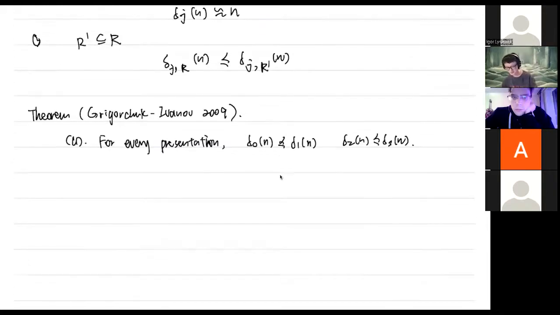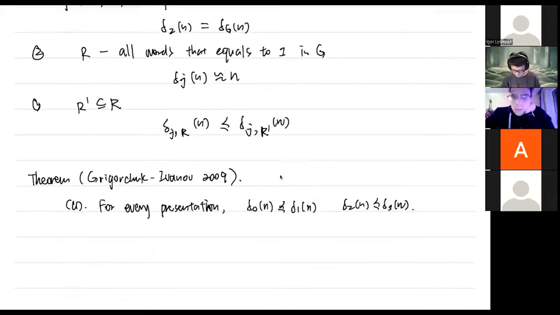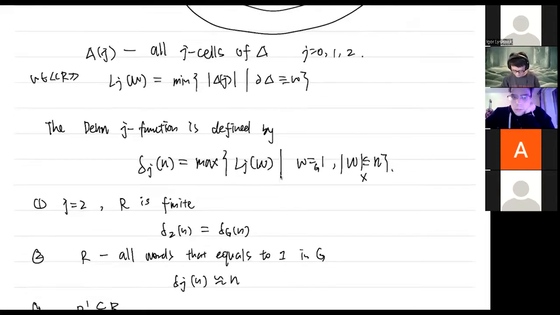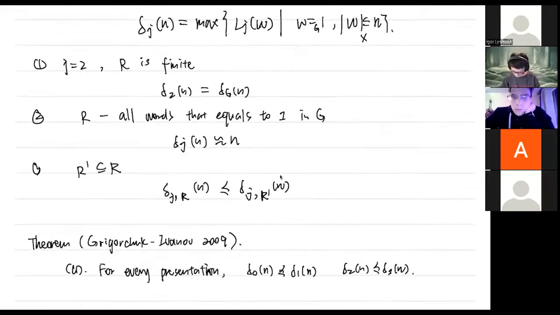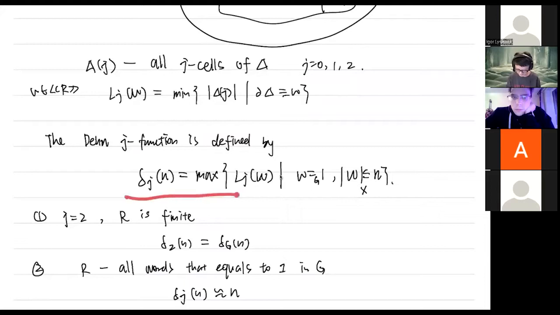Okay, so these are easy to see if you have a diagram, and this naturally comes from the relation between the number of 1 cells, 0 cells, and 2 cells. Can we look once more at the definition of this delta? Delta j here is the maximum number of j cells in the Van Kampen diagram.